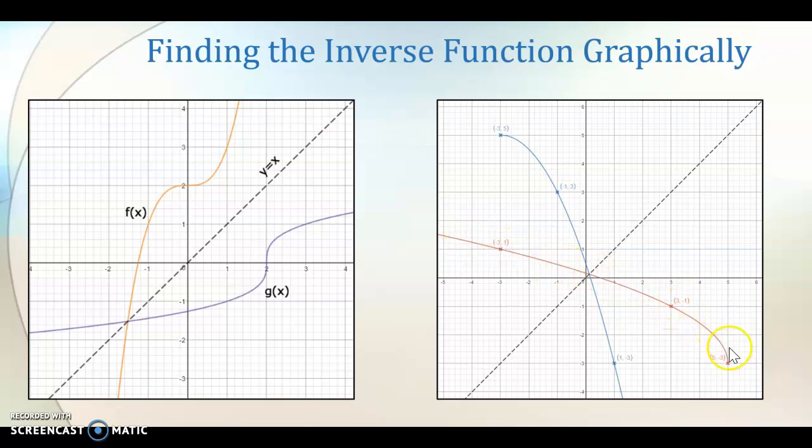You have to find the reflection of this function through the straight line. As you can see, the reflection is something like this. So our conclusion is that this function is the inverse function of the original function.